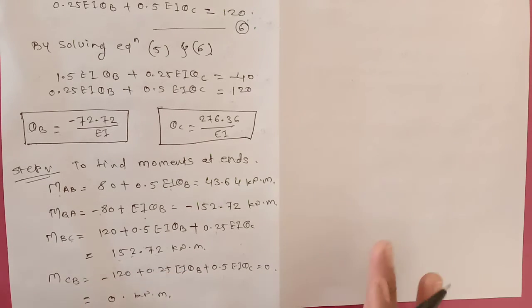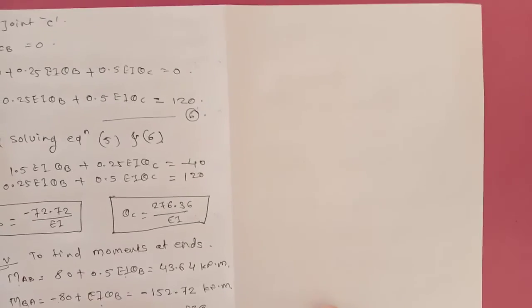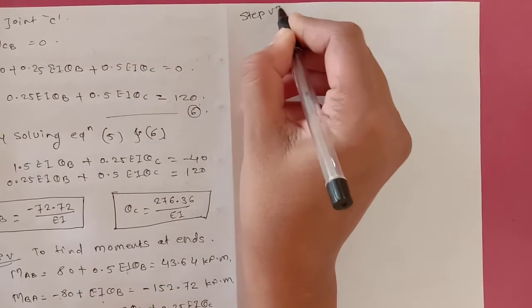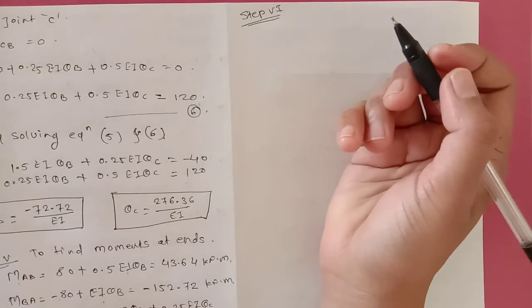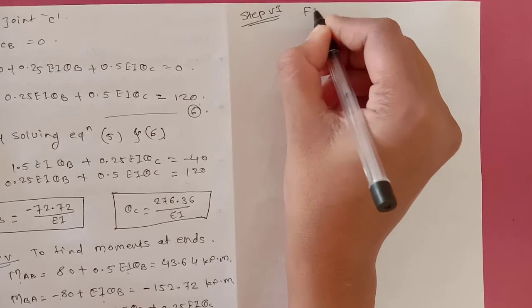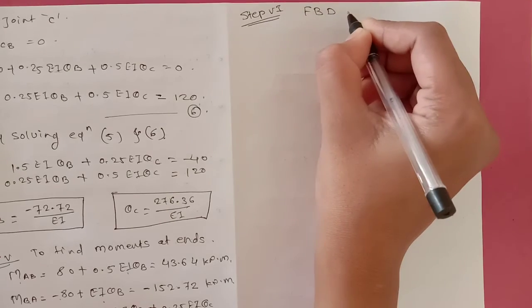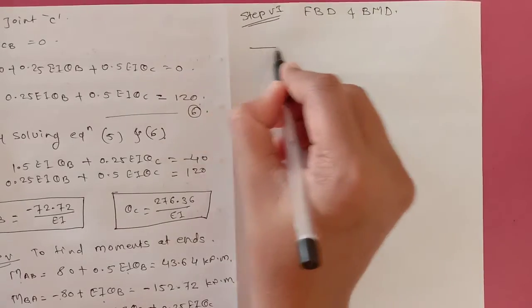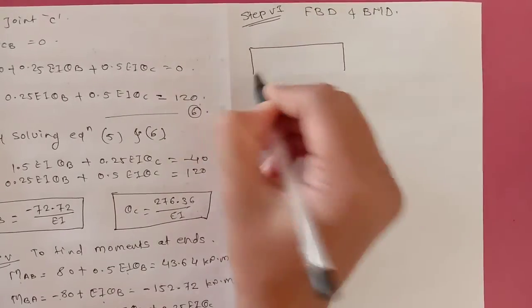So the last step is step number 6, to draw the free body diagram and bending moment diagram. FBD, that is free body diagram, and bending moment diagram. So the free body diagram is like that.